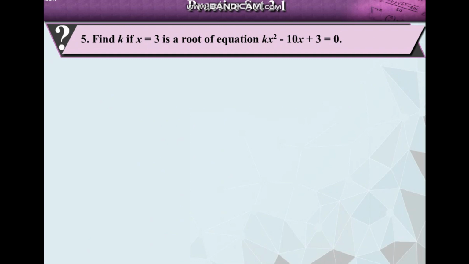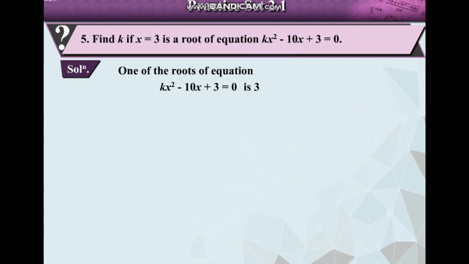5. Find k if x is equal to 3 is a root of equation kx square minus 10x plus 3 is equal to 0. Solution. One of the roots of equation kx square minus 10x plus 3 is equal to 0 is 3. Therefore, now put x is equal to 3 in the equation.